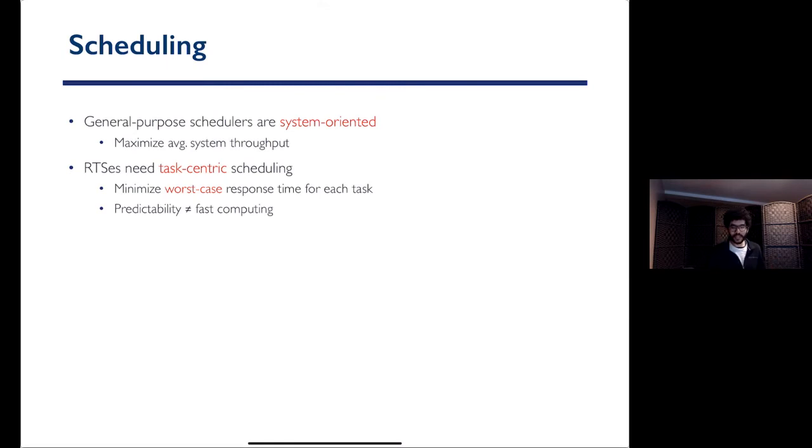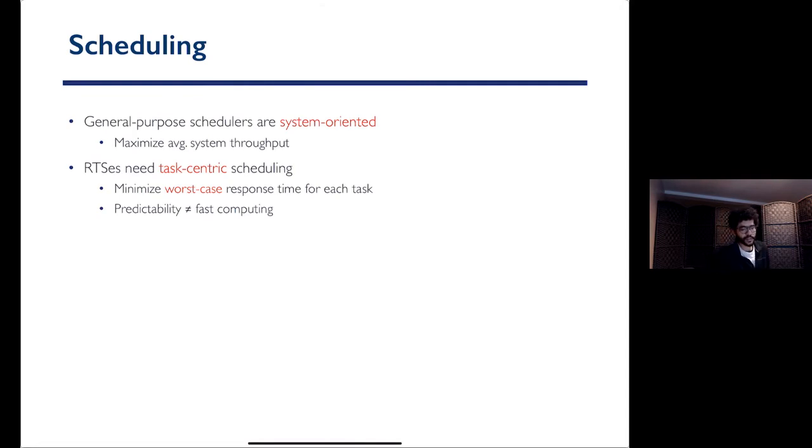In real-time systems, you always want to talk about worst-case scenarios. So you want to minimize worst-case response time in your system or worst-case throughput of your system. You don't care about average. You care about worst case, because if you meet the timing for worst case, then you will definitely meet it for best case and average as well. So you always target worst case.